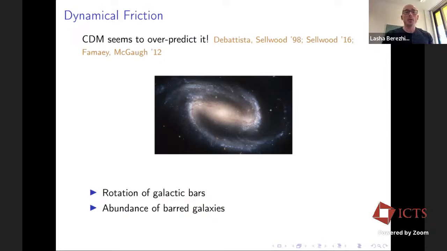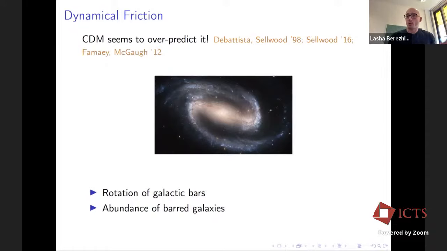So another point associated with the cuspiness of this density profile of the halo is connected to dynamical friction. As you know, dynamical friction is the drag force experienced by baryons like stars moving through dark matter.